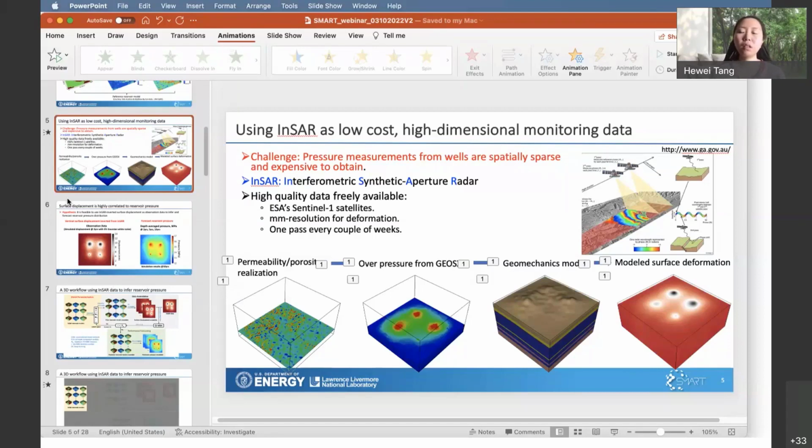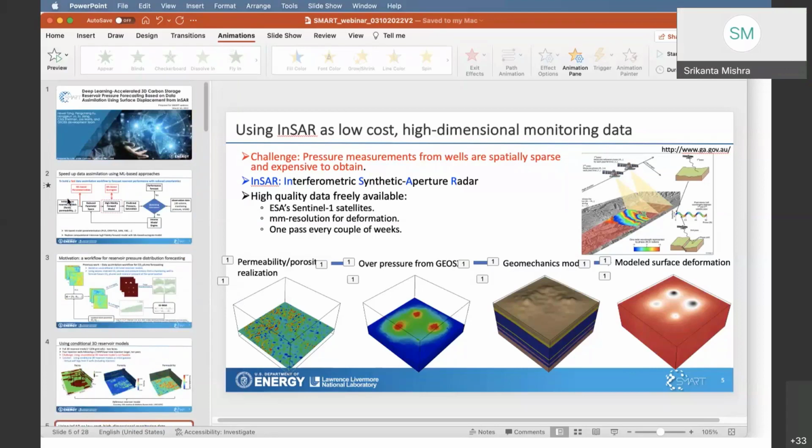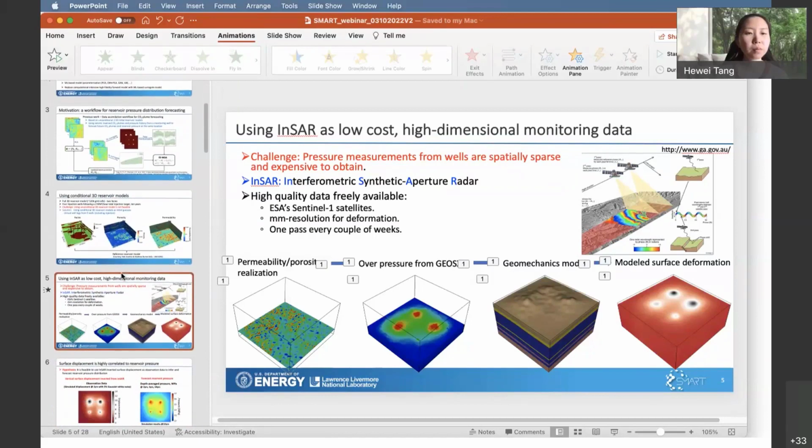I think that's an excellent point, Bali, and Hewei, I would really strongly encourage you to go back and look at the saturation distribution that you got from your GeoX simulations, and then compare it to the calibrated model's prediction. And if you did an ensemble average, then that ensemble average saturation distribution should be compared to what you got in the GeoX model.